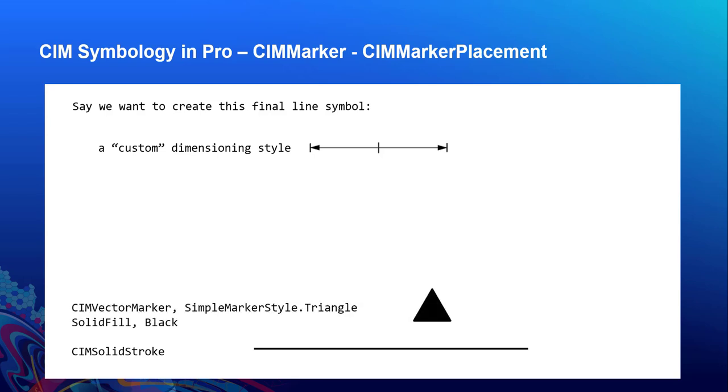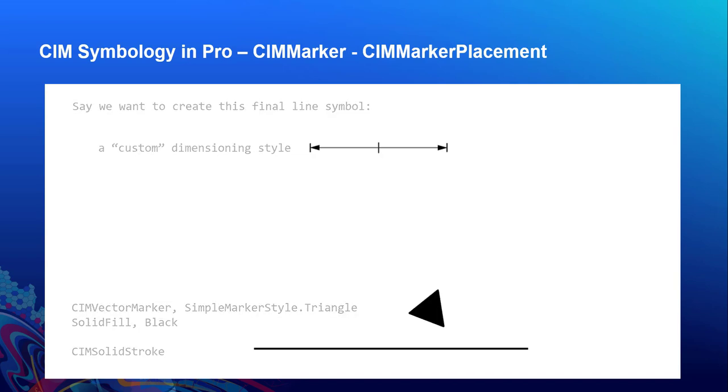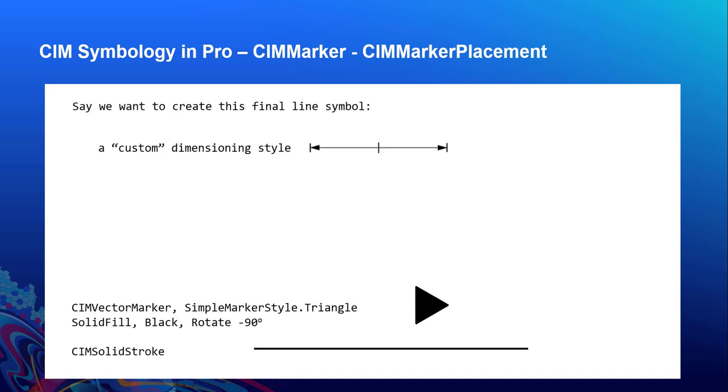One approach we could use is a vector marker. We could use the marker style triangle, solid fill black, and then give it a rotation of minus 90 degrees. But there are lots of options in the CIM, as I think you're seeing. Instead, I think I'm going to use a character marker.